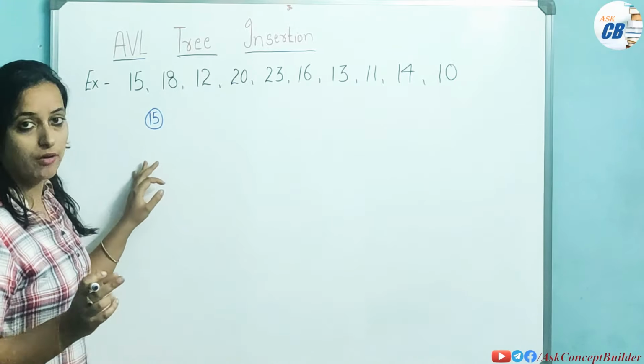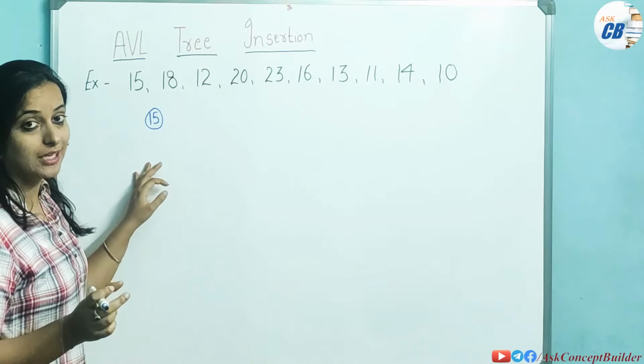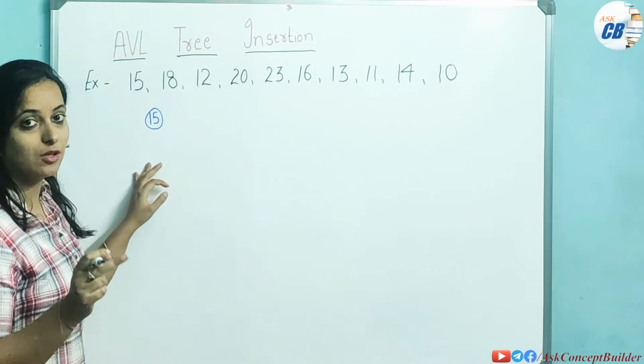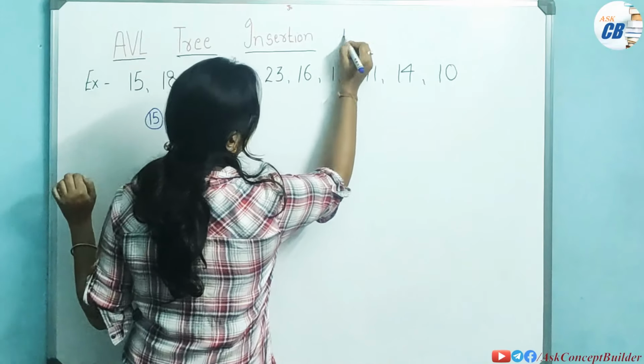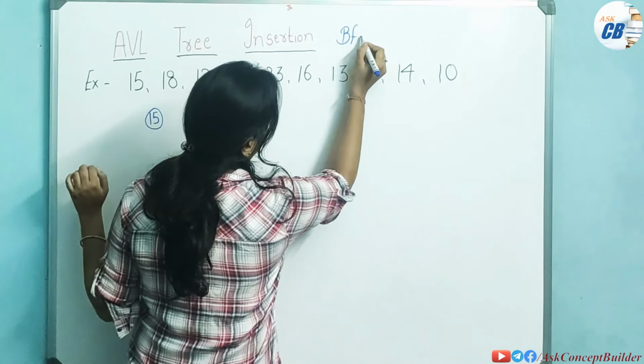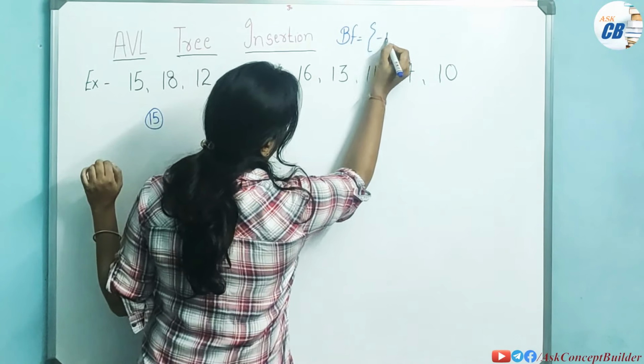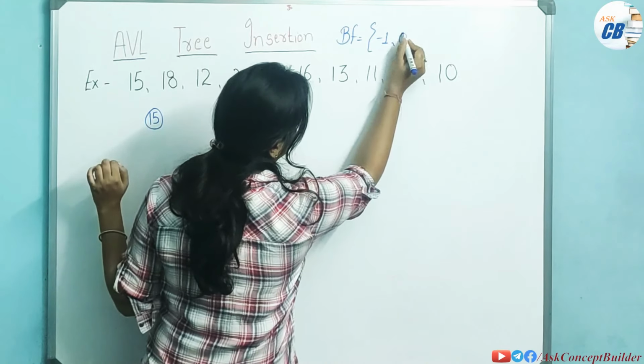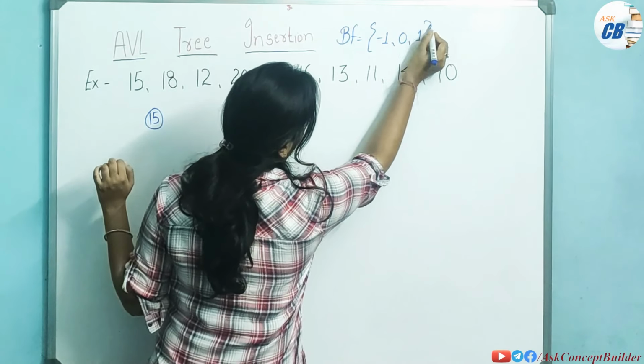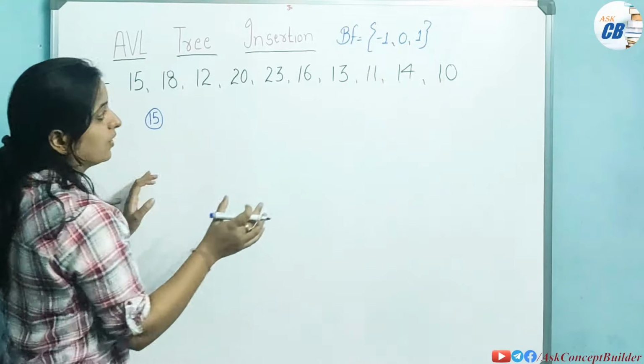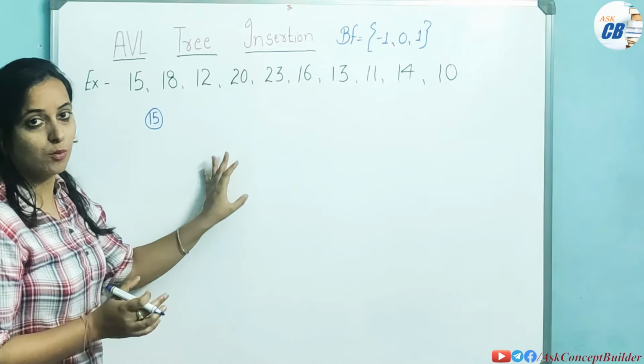The balance factor should be either 0, -1 or 1, then only your tree will be balanced. If the balance factor of any node is not within this range, then you have to balance your tree.